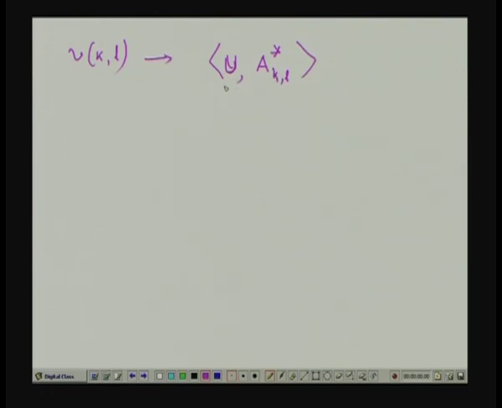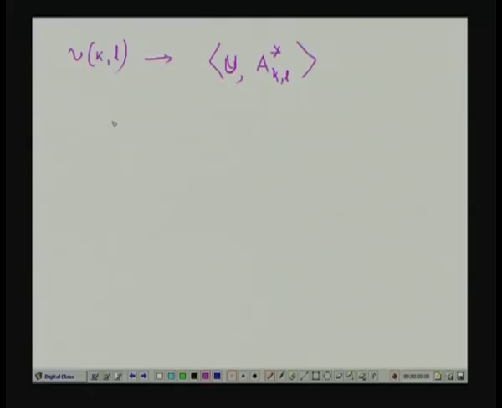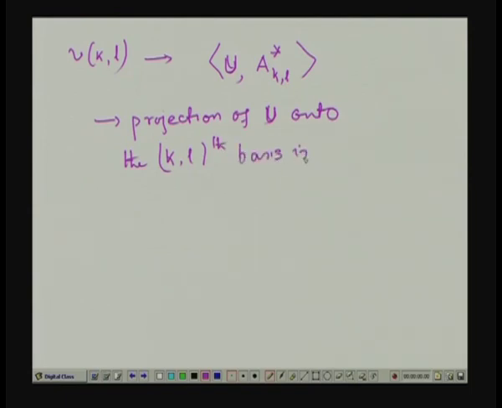And because of this, it is also called the projection of the input image U onto the KLth basis image A star KL.